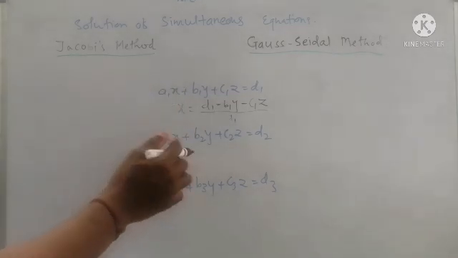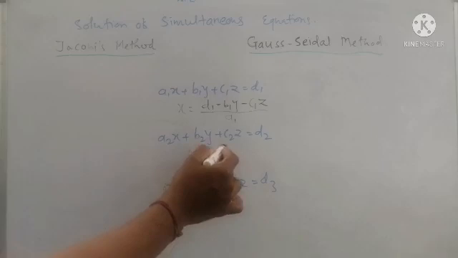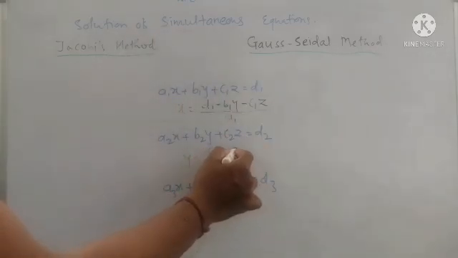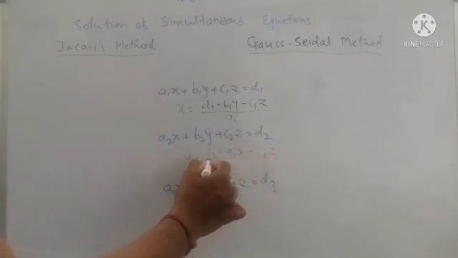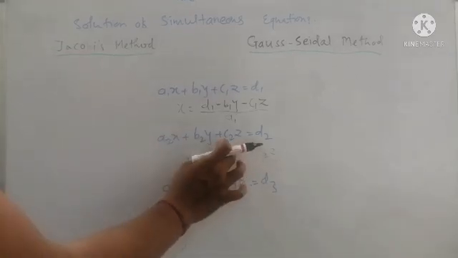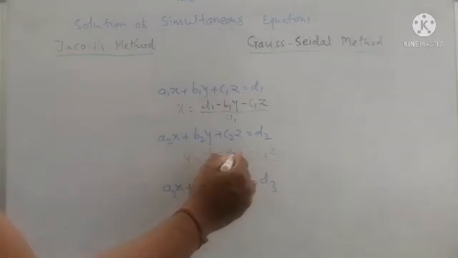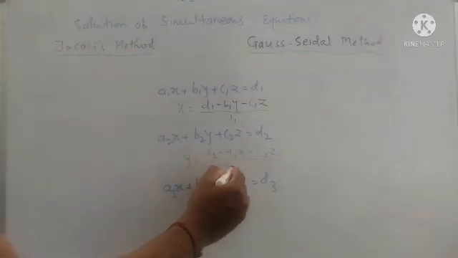Similarly, from equation number 2 we can find another unknown y. On the right hand side, the constant d2 is there, and the term of x and the term of z will be transferred. So we get y as d2 minus a2x minus c2z divided by the coefficient of y, which is here b2.